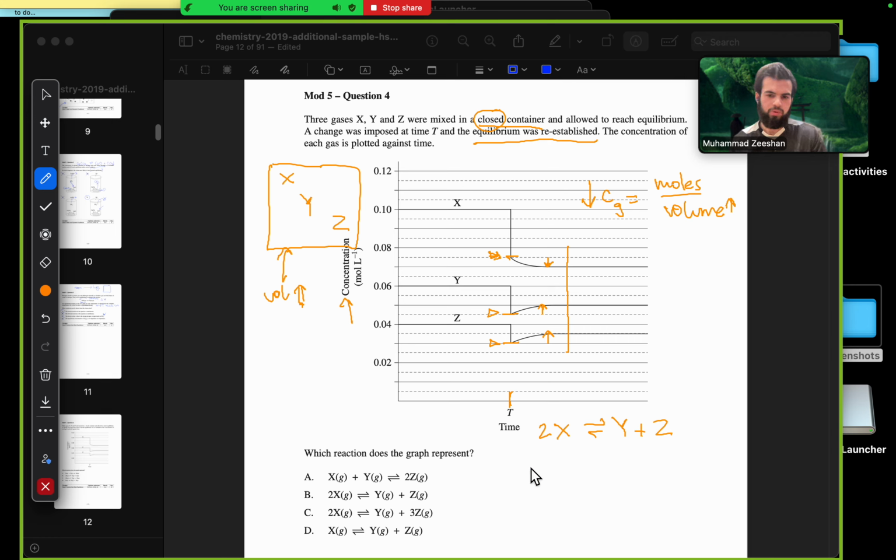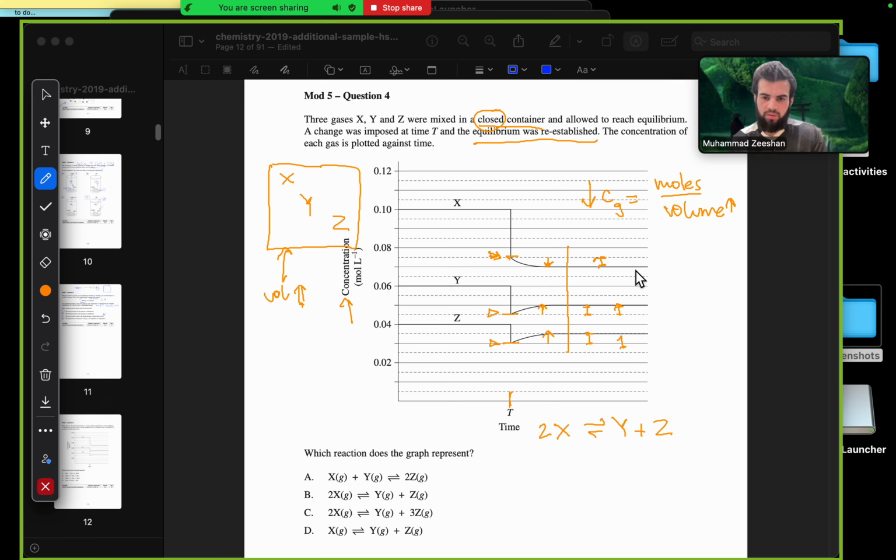The change will be proportional to mole ratio. Now we can see that the change in X and the change in Y and Z, it's a 1-to-1 change. This amount and this amount, these are the same amount, so it's 1-to-1. But the change in X as well is the same amount as these. The size, the magnitude is the same.